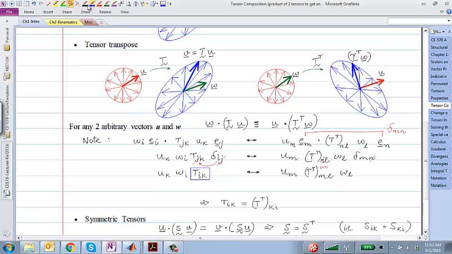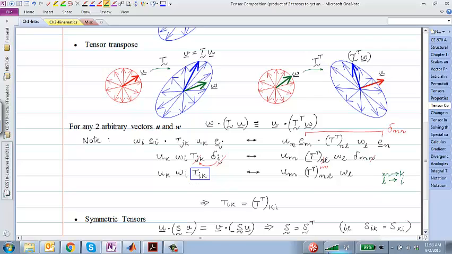So I'll do that. To match the expression on the left, I'm going to replace m with k, and I'm going to replace l with i. Is there anything else in here?